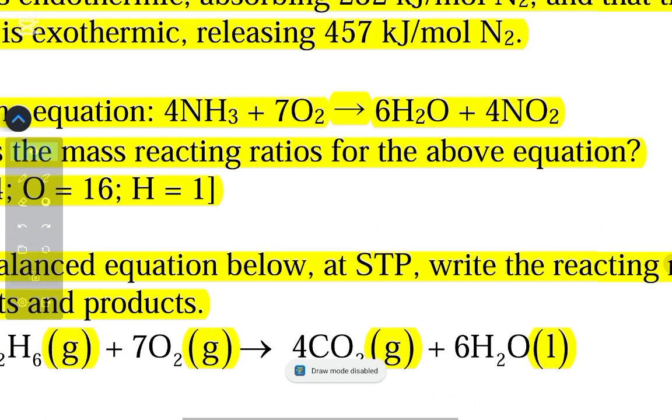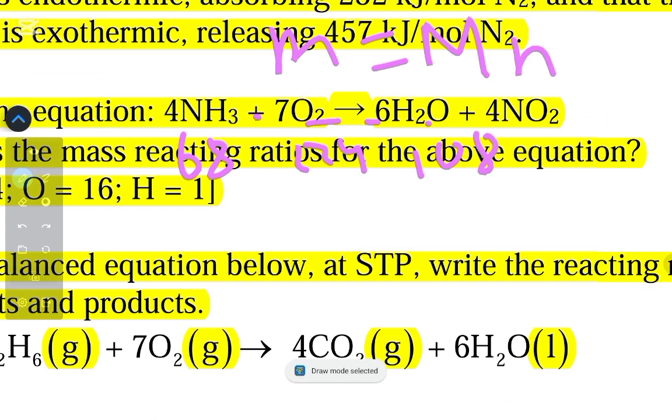N is 14, O is 16, so 32 plus 14, times 4, will give you 184. That is the reacting ratios of mass.